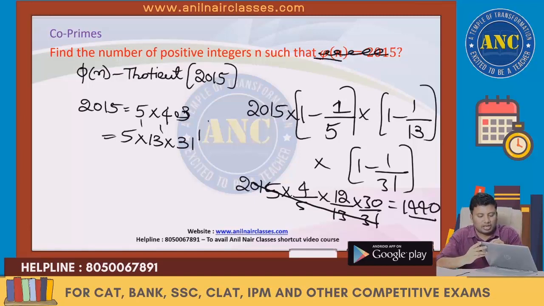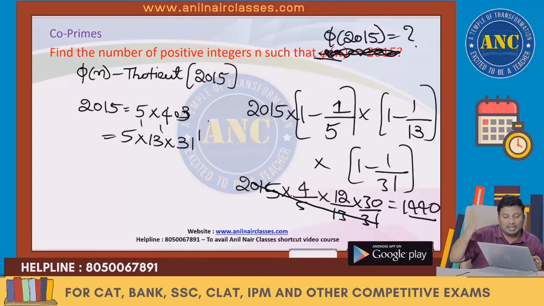So this question I will rephrase, otherwise the question interpretation will be different. 2015 is how much? 5 into 403, 5 into 13 into 31. I hope it is clear.